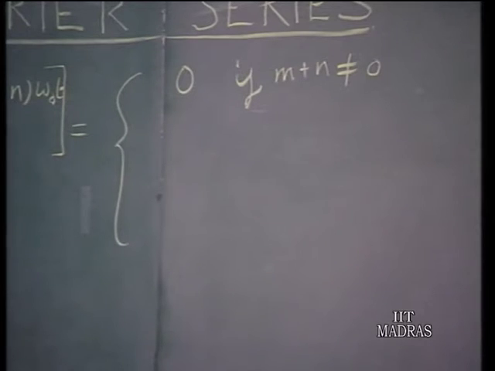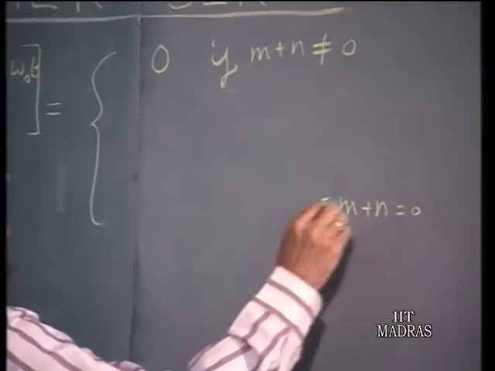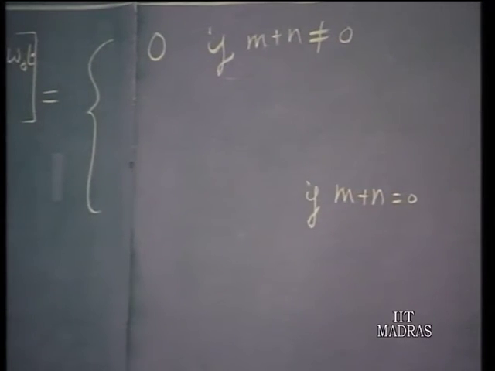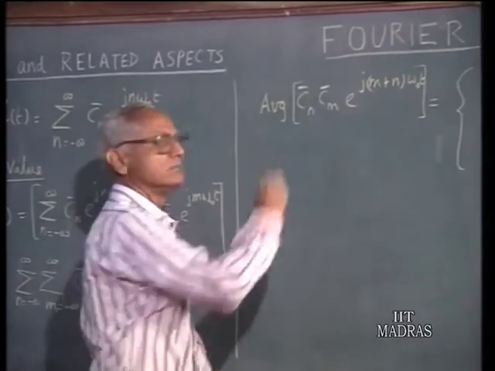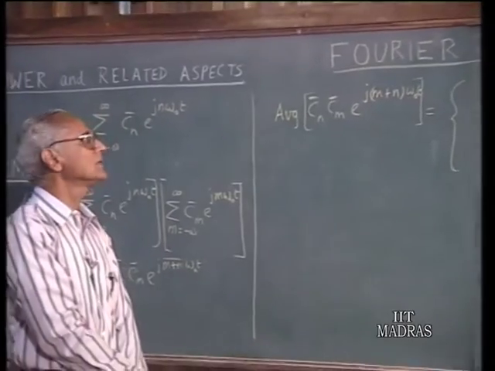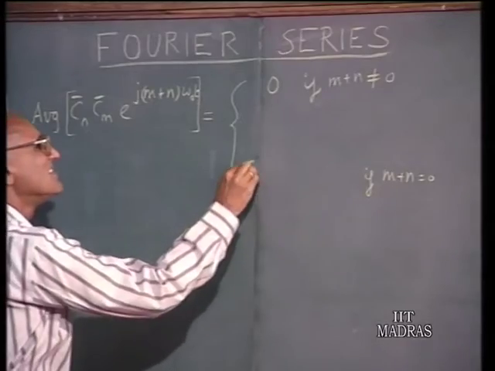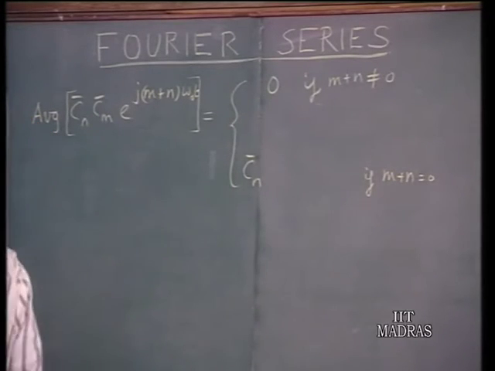On the other hand, suppose we have the case m equals minus n, or m plus n is 0. If m plus n is 0, then this whole exponential term becomes 1, and the average of Cn Cm is Cn Cm itself. Therefore, the average would be Cn multiplied by Cm.